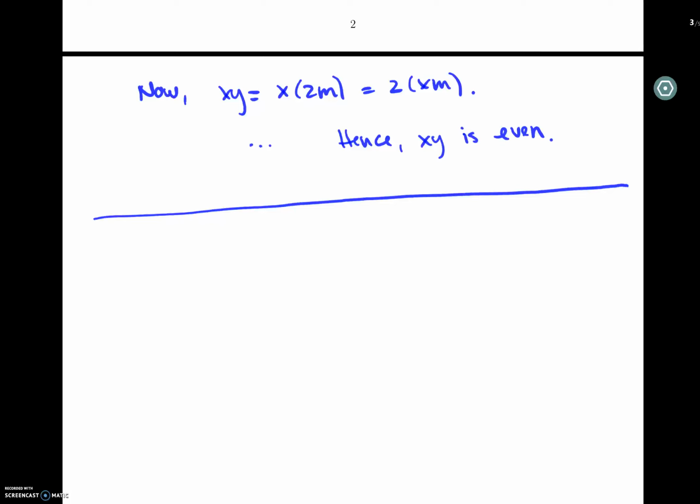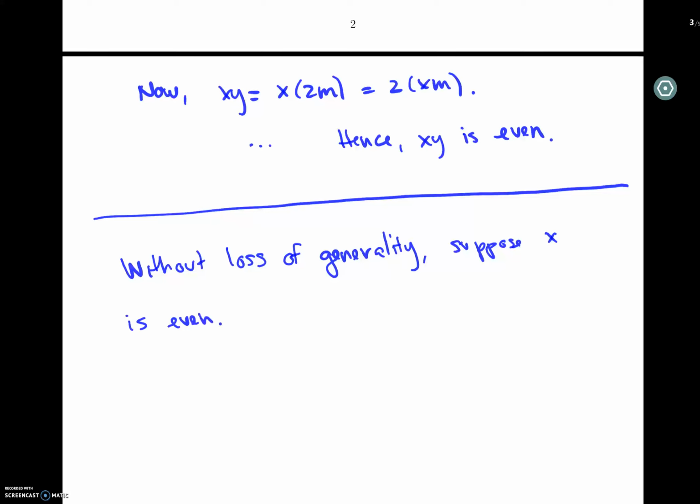When we get to the point when we're going to write cases, we'll say, without loss of generality, suppose x is even. And then continue in the same way that we did above.